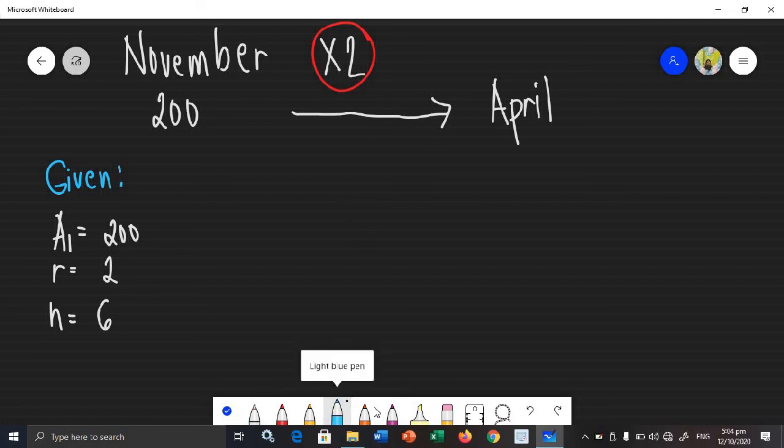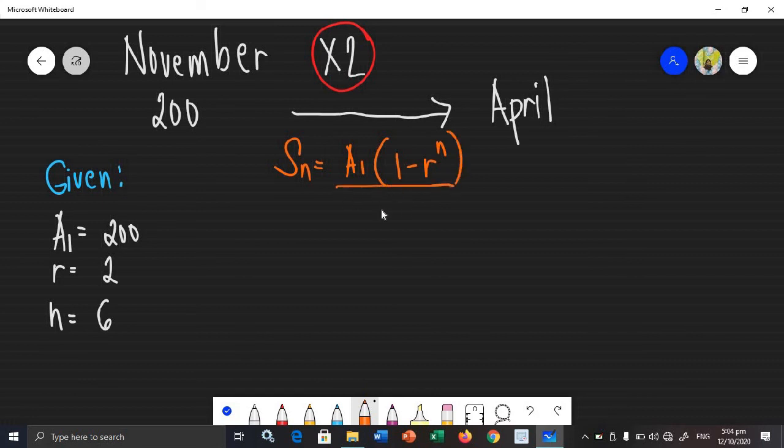Now that we have our given, we will use our formula. So, S sub n is equal to A sub 1 times quantity 1 minus r raised to n all over 1 minus r. Hanapin natin yung savings niya from November to April. Pagsasama-samahin natin yung total na savings niya.